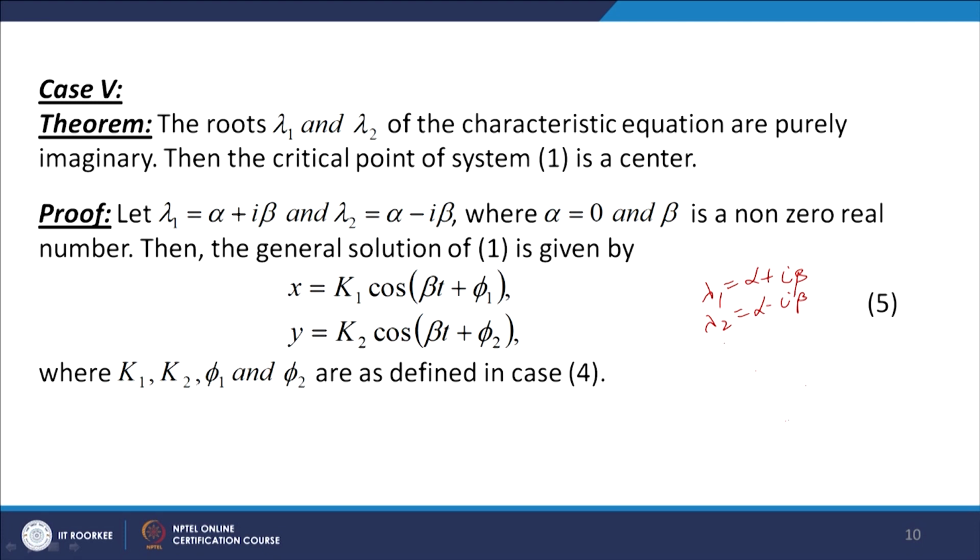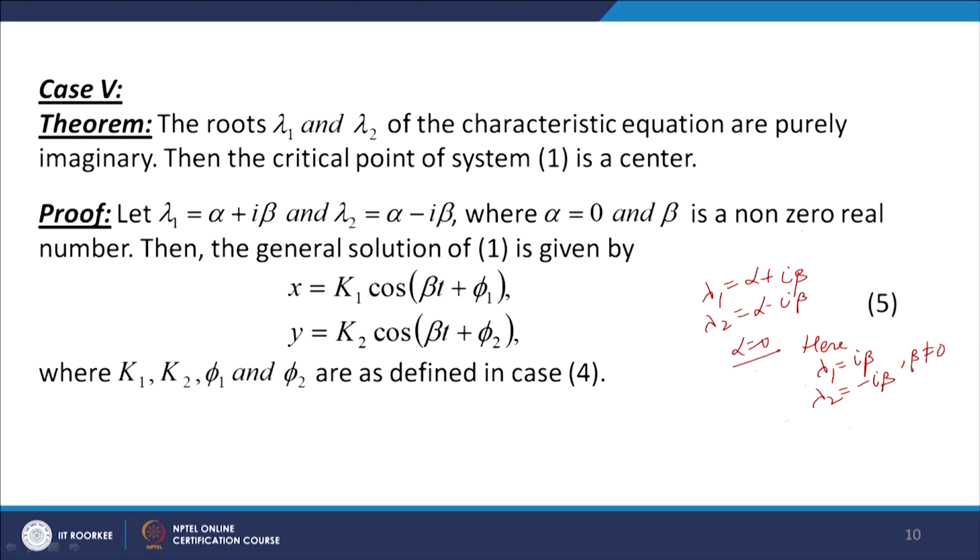So in case 5, we will have alpha equal to 0. So lambda 1 is i beta and lambda 2 is -i beta, where beta is non-zero, and alpha is 0.